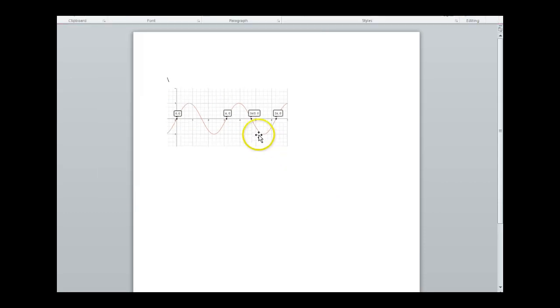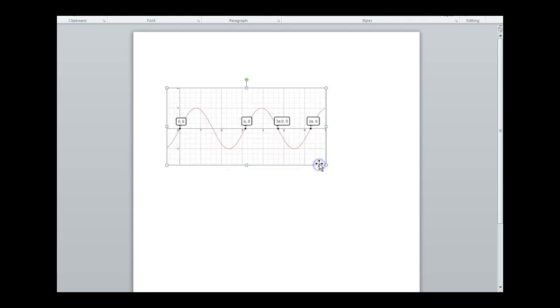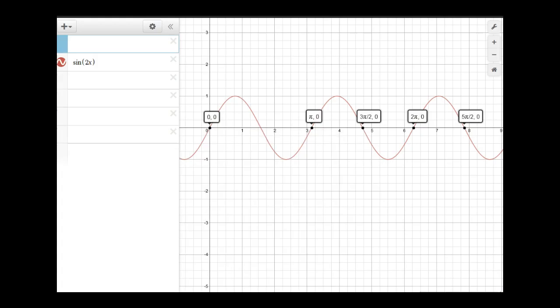I do want you to be able to graph some of these by hand, but this is just if you have a really complicated graph, you could use that program and have a nice graph lined out for you. And if you ever get stuck with any of these, go to your graphing calculator or use the online Desmos, and use it to your advantage. And then it can help reaffirm that you found the correct period and the correct amplitude.